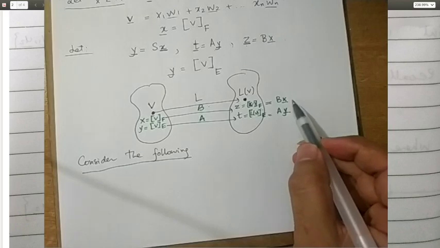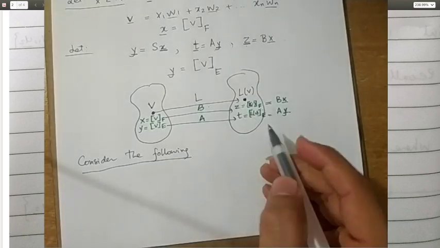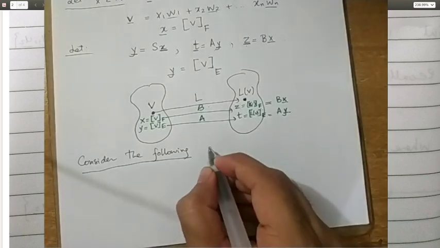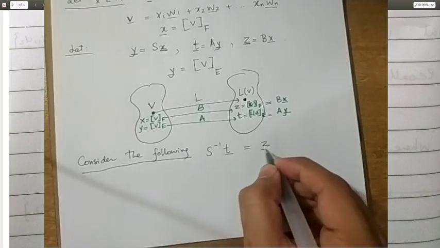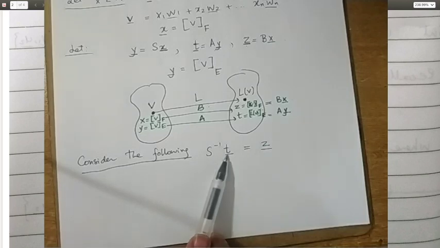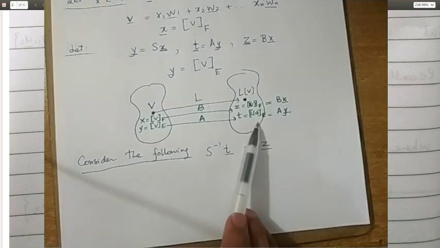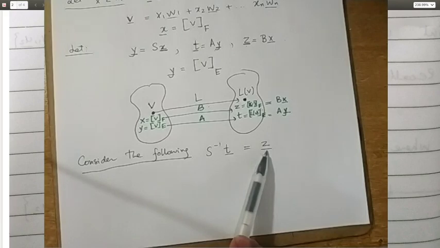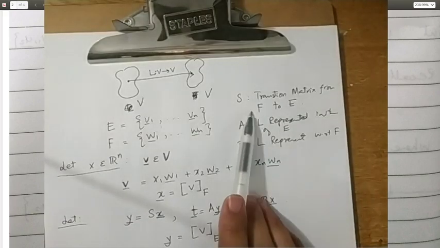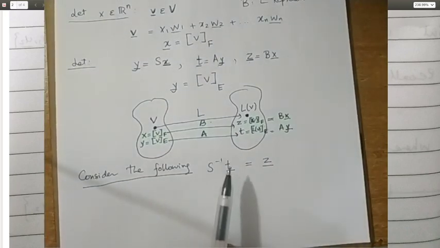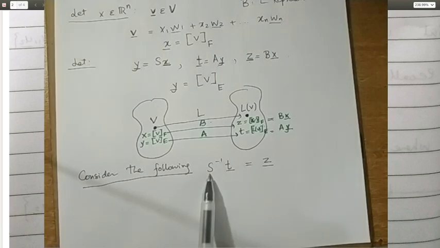If I want to switch between these two Z and T, then it's clear that S inverse of T will give me Z, because T is the representation in terms of basis E and Z is the representation in terms of basis F. So to go from F to E, you need S, and if you want to go from E to F, you would need S inverse.